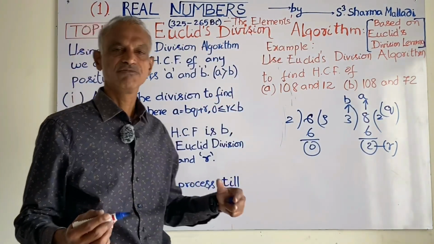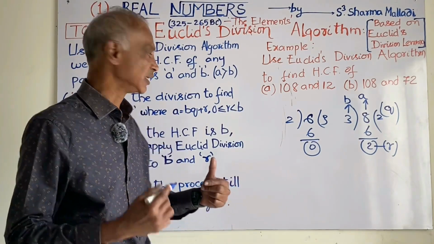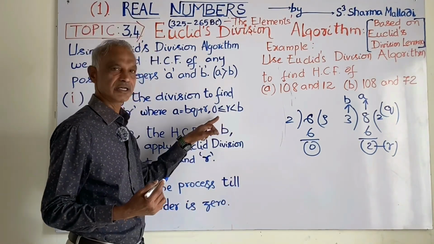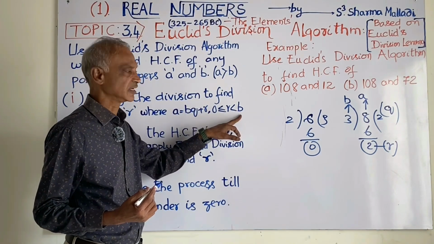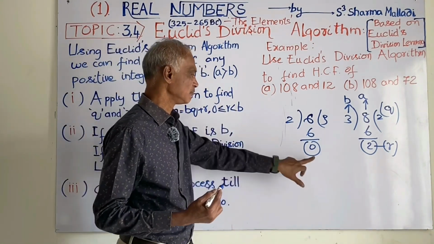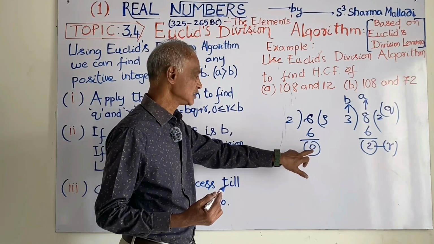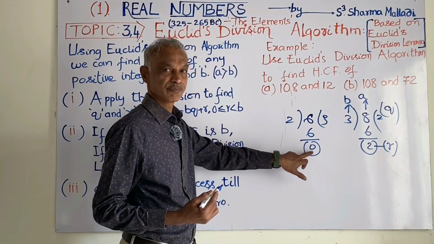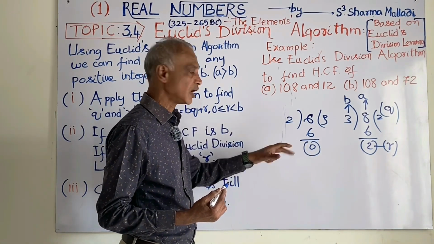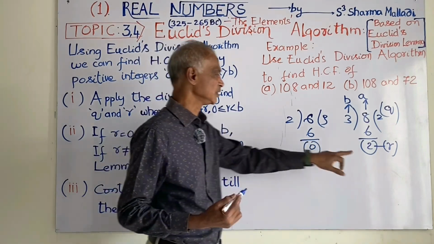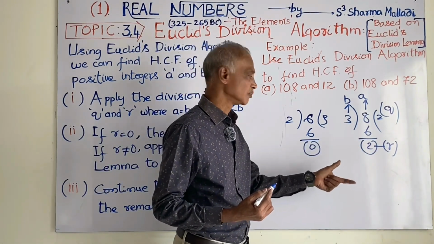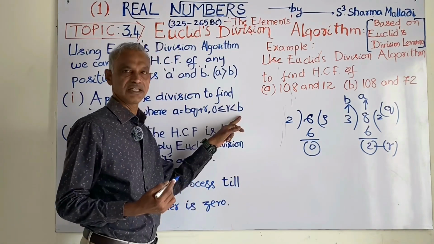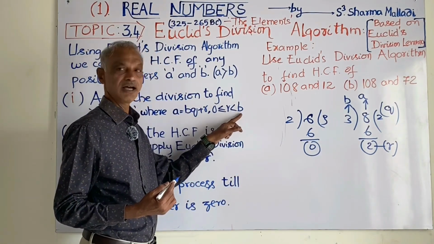When you divide a number by another number, you get a remainder of 0 or greater than 0, but less than the divisor. Observe, in the first case the remainder is 0. In the other case the remainder is 2, which is greater than 0 and also less than the divisor.